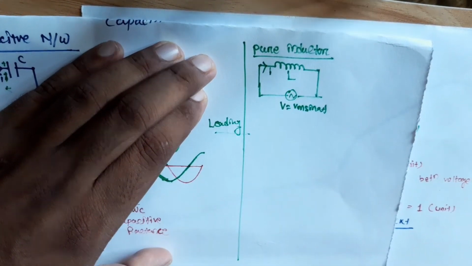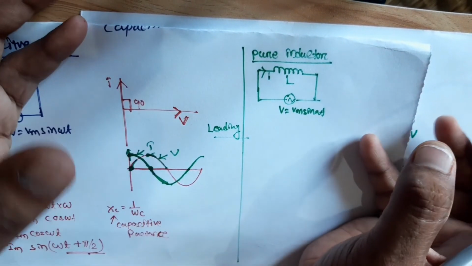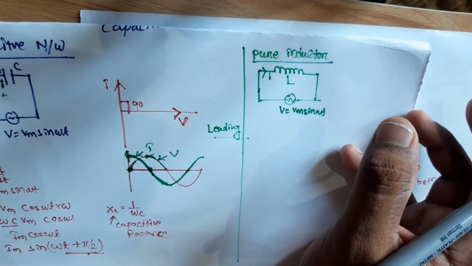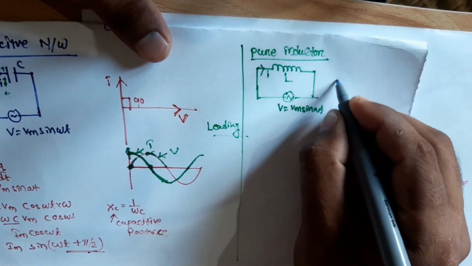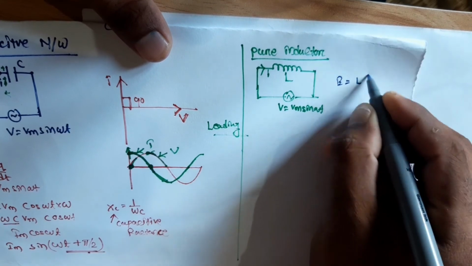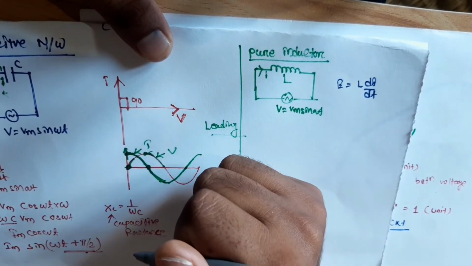We know that an inductor produces a self EMF, and that EMF equals L di by dt. We already know about this.